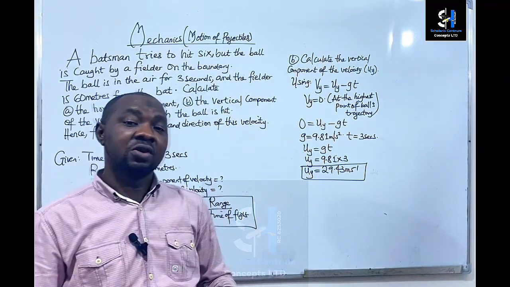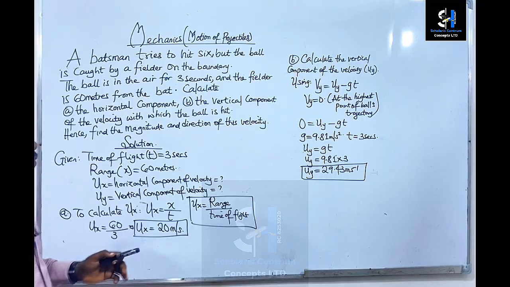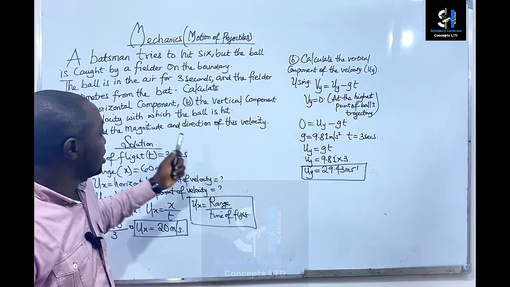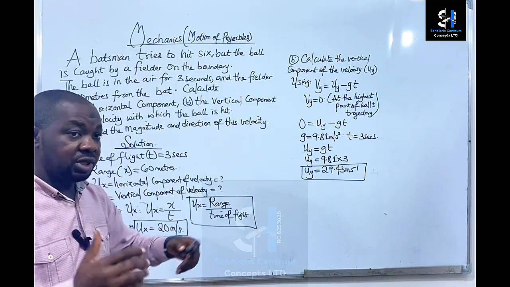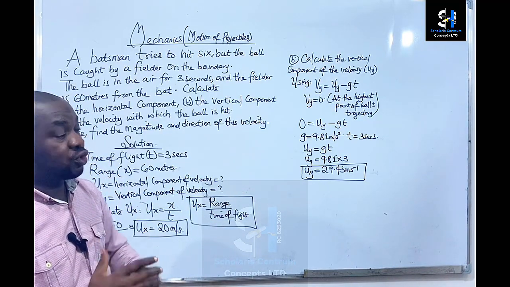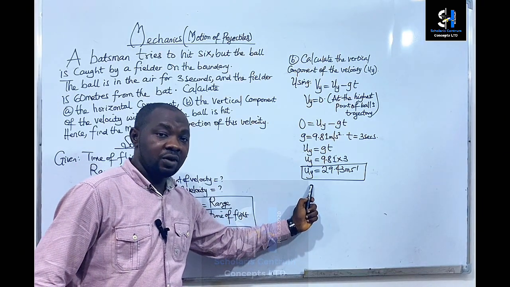Now, the last question is for us to find the magnitude and direction of the velocity of projection. The magnitude of this velocity will be equal to the square root of the sum of the squares of the vertical and horizontal components of velocity.